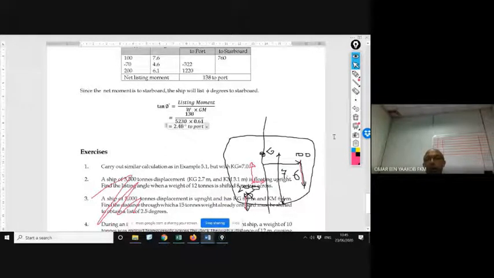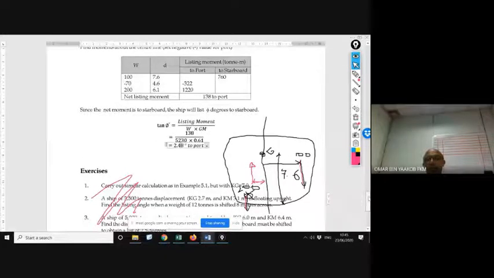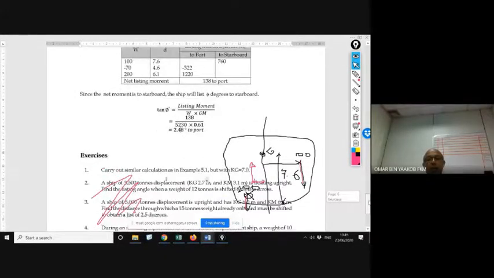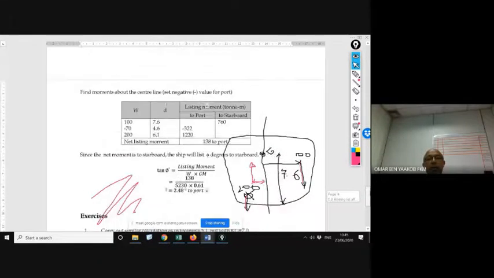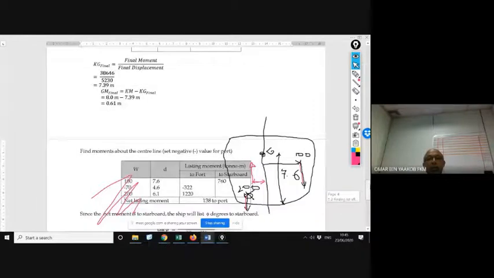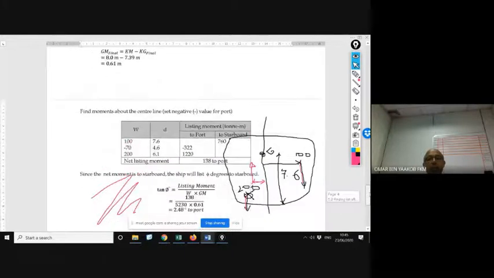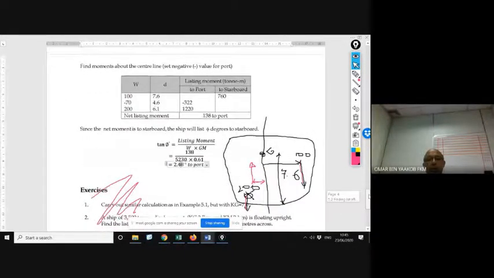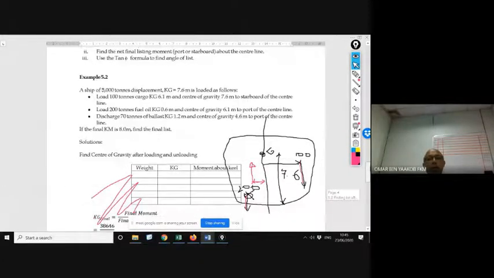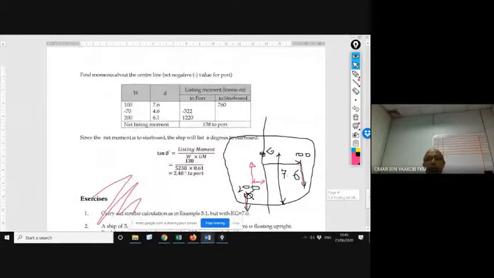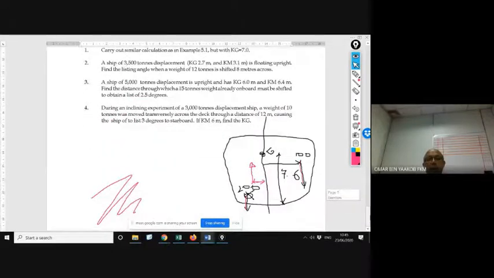Okay, I'm going to correct this and resend the notes to the class later, yeah. So that is basically it for this particular class.